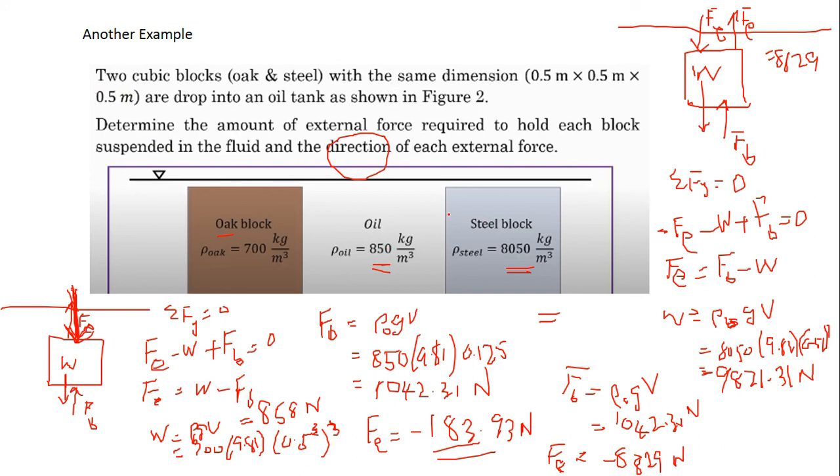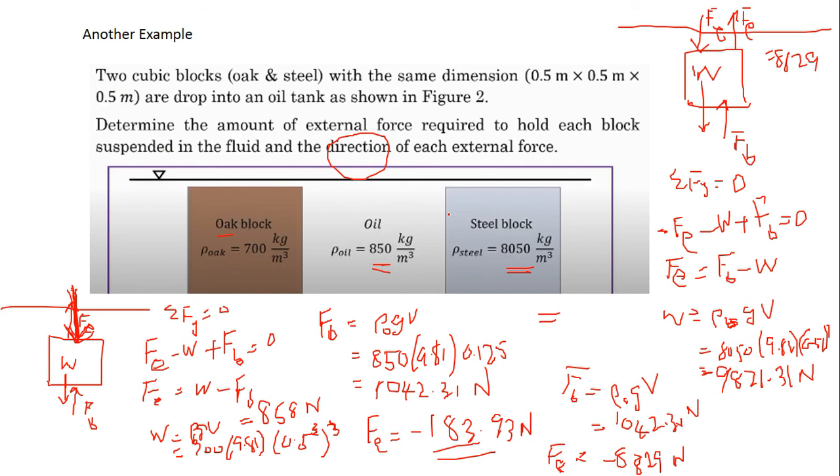So in a neutral position without the external force, the steel should sink. If you throw a heavy object into a fluid, it will sink. So the steel should go down to the floor. That's why from the question you already know FE should be going up, to maintain the steel in submerged equilibrium.